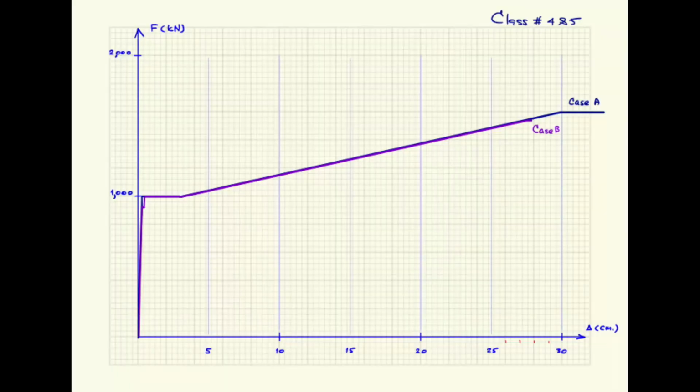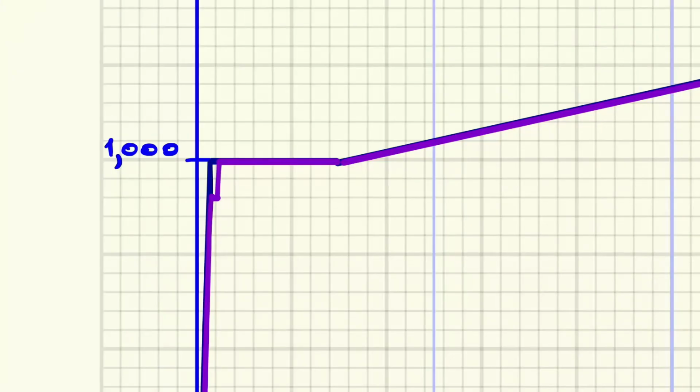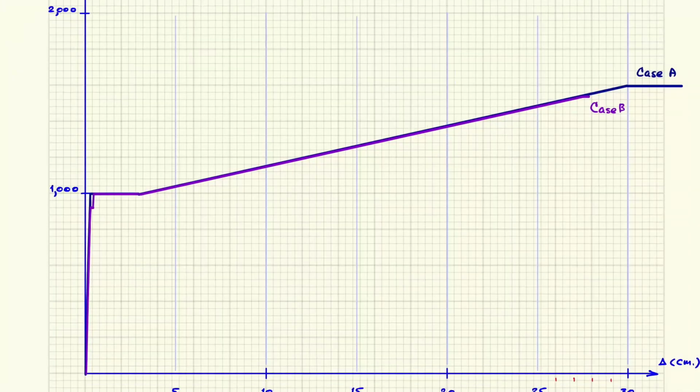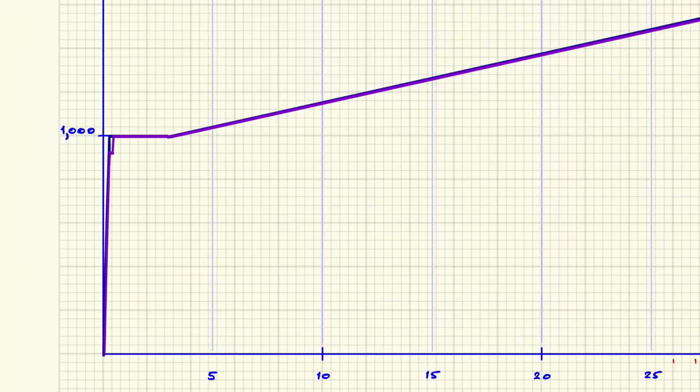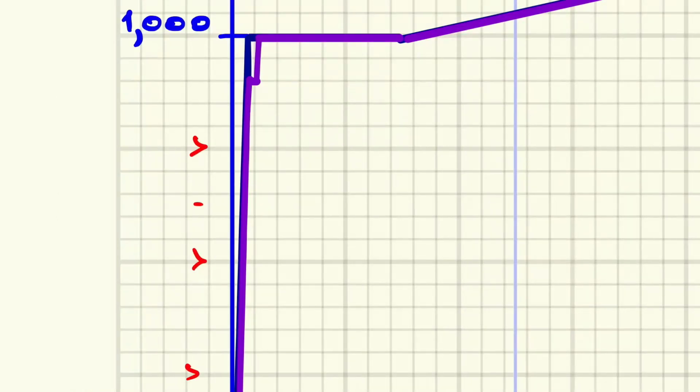0.23, 0.27. Yeah, it's gonna be somewhere around here. We need the 750, right? 750, this is what? 2, 4, 6, 8. So 6. Here is a 7. 750 is here.